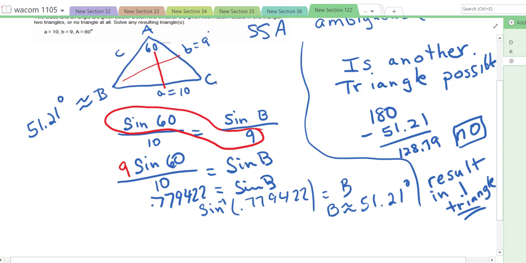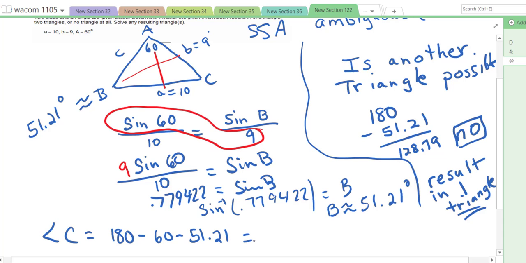We need to go ahead and find the third angle, but this was what I wanted you to really review. Find your third angle. I would just do 180 minus these two. So minus 60 minus 51.21.